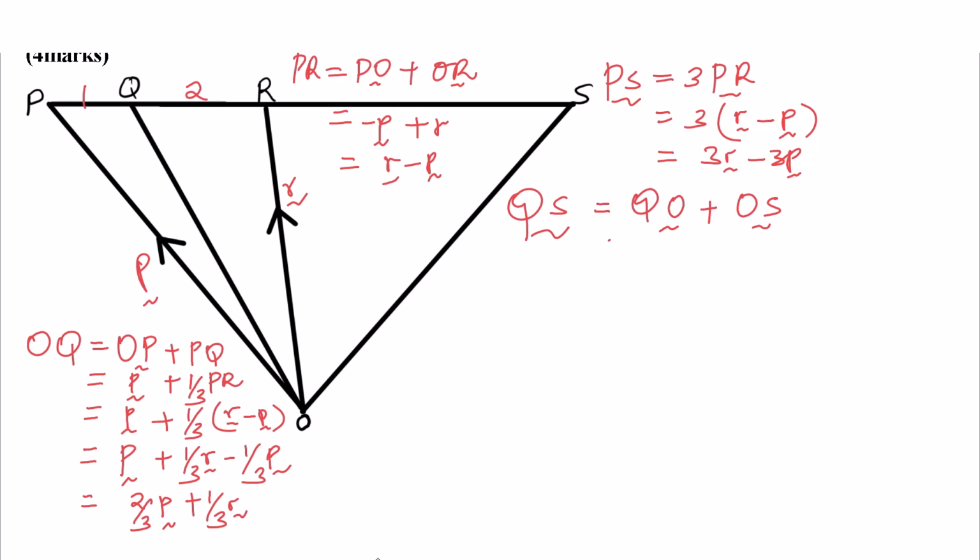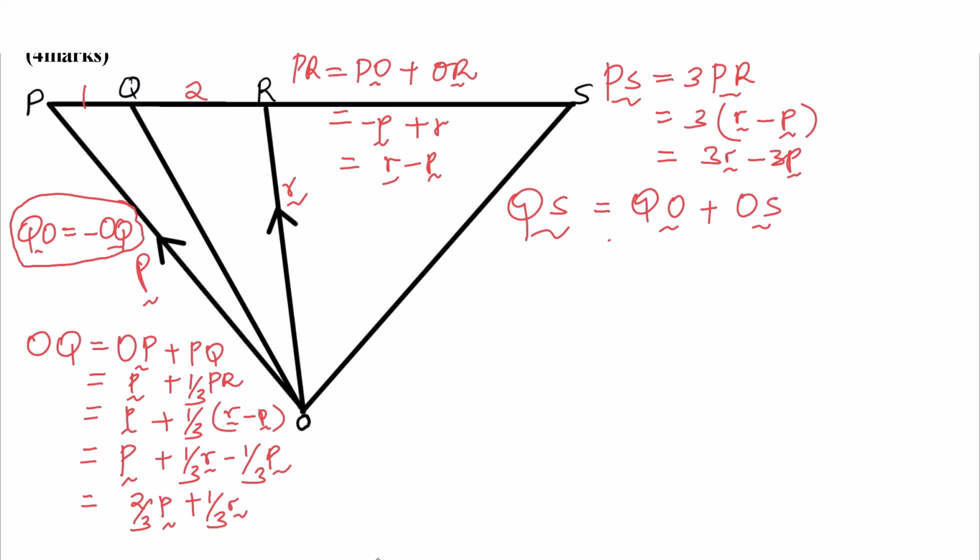Why? Because QO will be negative OQ. QO is equivalent to negative OQ, since when you are moving in the opposite direction, we simply multiply the vector by negative. So moving from Q to O is the same as vector OQ multiplied by negative.